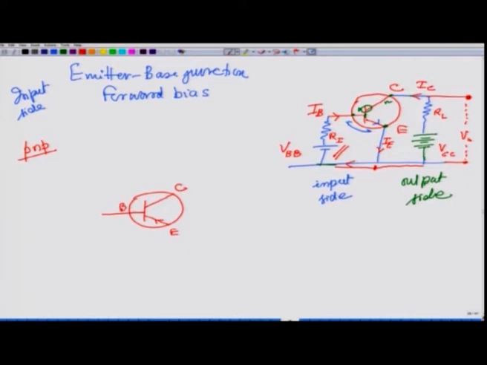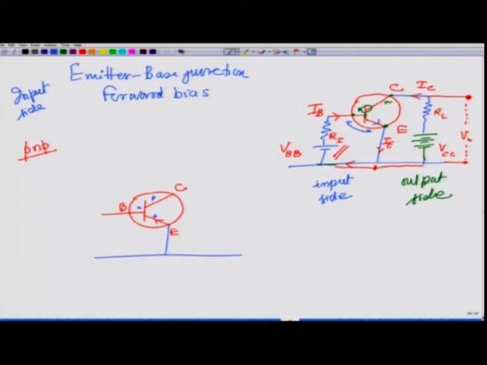From the emitter I am drawing a line which represents a connecting, conducting path. This is the common path, and remember this is P, this is N and this is P.